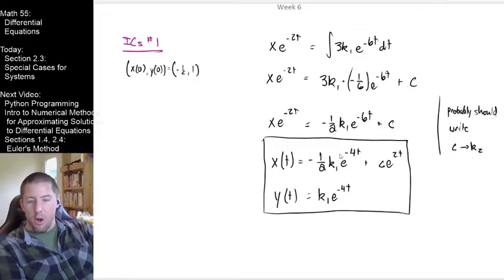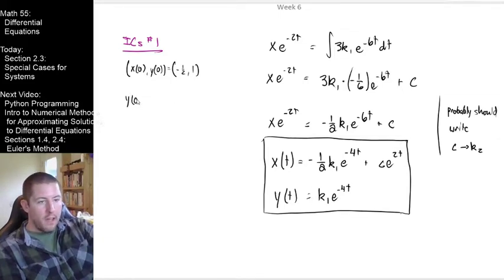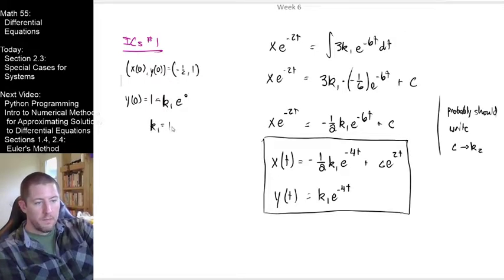Our goal is to solve for K1 and for c based on these initial conditions. And clearly it is easier to solve for K1 first. So the first thing I'm going to do is solve this part right here. I'm going to say y of 0 equals 1 is K1 e to the 0. And so we're going to get K1 is 1.